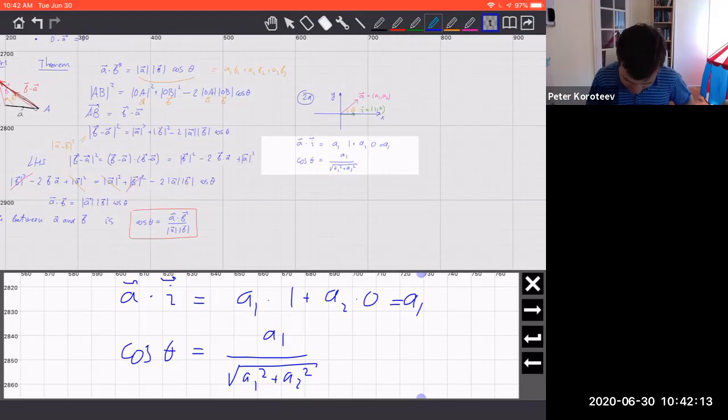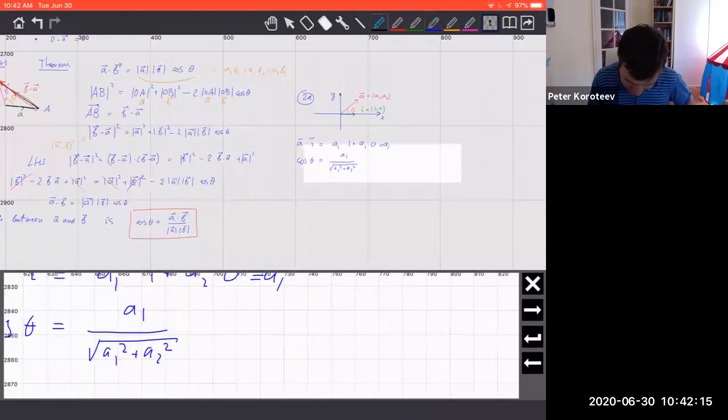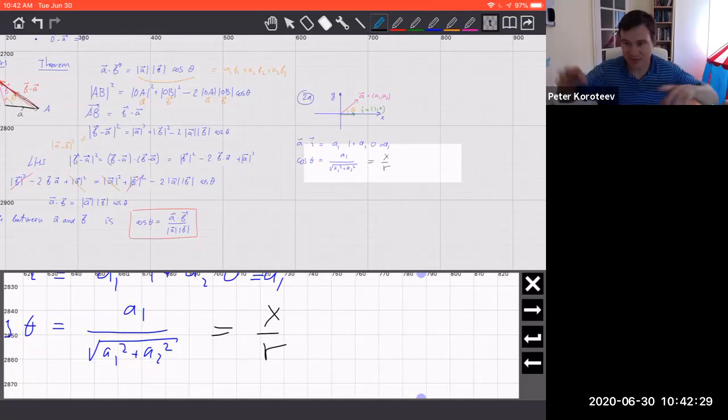So previously we know this formula as the same as we had before. It's what is called x divided by r. Only now, of course, we can easily find the cosine of the angle between any two vectors anywhere, right? So we just plug in numbers and we find the angle. Okay.